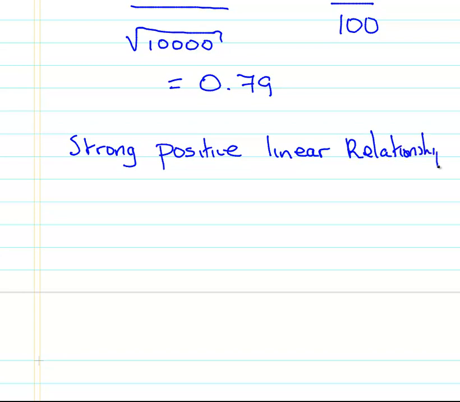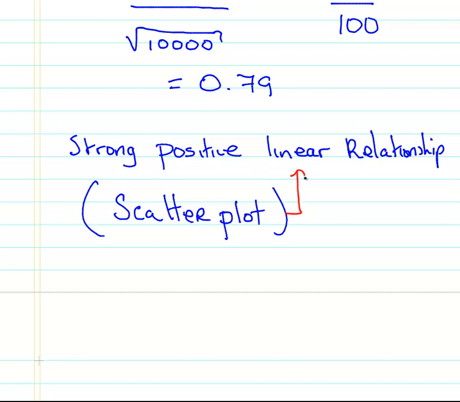Now what should happen there is that you should also have a scatter plot, and you have to check, is the relationship linear? Sometimes you might be asked that, because you can calculate a correlation coefficient for data where there clearly isn't a linear relationship. It's still a calculation you can do, it just doesn't make sense.